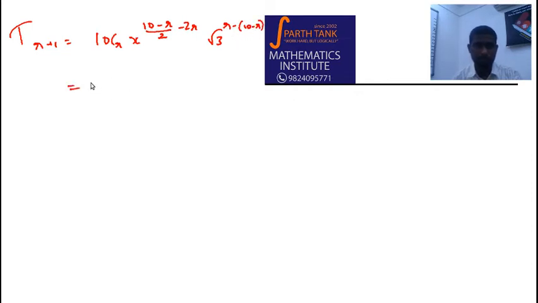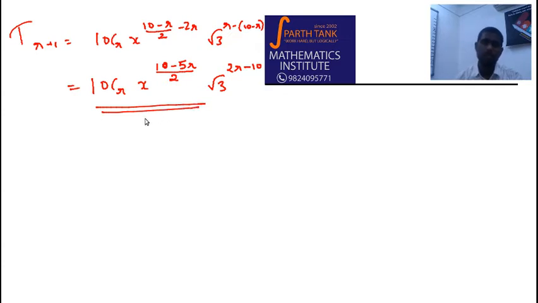Okay, so this is 10Cr x raised to (10 minus 5r)/2, and root 3 raised to (2r minus 10). This is the general term.